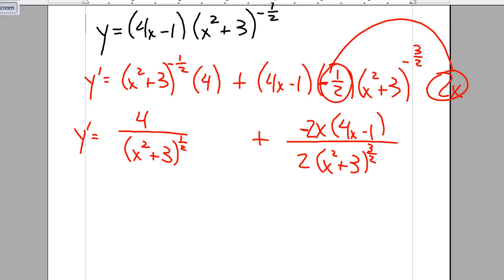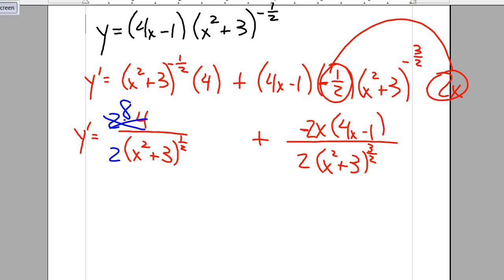Okay. If I leave it like this, I need a 2 over there, but then I need to put a 2 on top, so I basically turn that into an 8. So I multiply the top by 2. And then you've got a common denominator thing that's a little different than the one before. You've got to match up the powers. I've got 3/2 of these things over here, and I've only got 1/2 of them there.